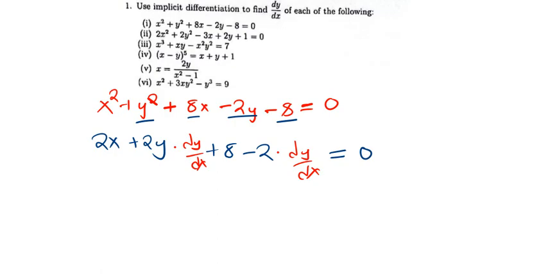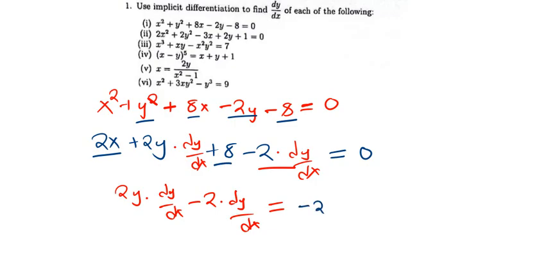Now at this point, you ensure that whatever is having dy dx remains on the left. So we have 2y dy dx, and then this part as well, minus 2 dy dx. Everything else goes outside. What is everything else? That's the 2x and the 8, the constant, so we'll say negative 2x minus 8.